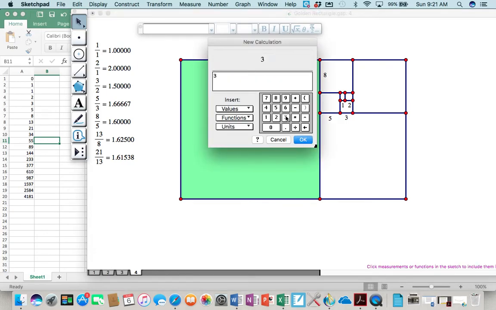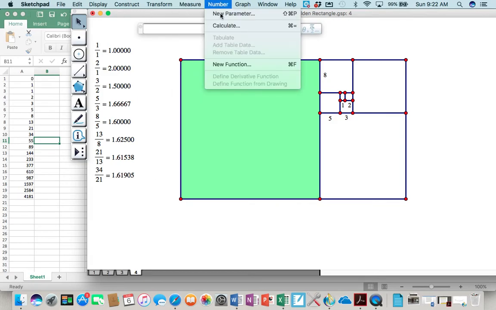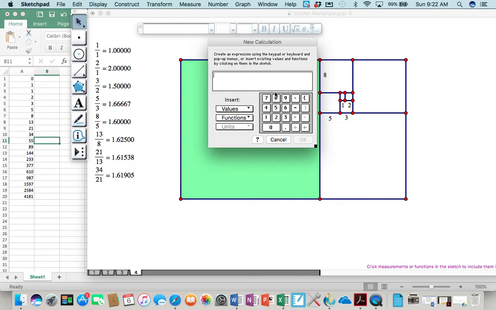So I need 34 divided by 21. Even closer to the golden ratio. Last one. Now, are we going to get an exact golden ratio number? We are not, and that's okay.